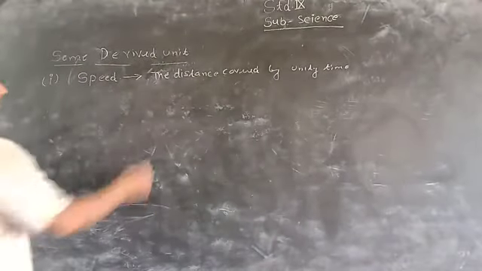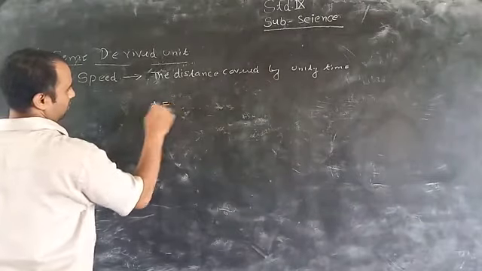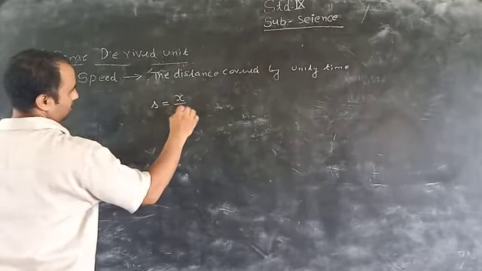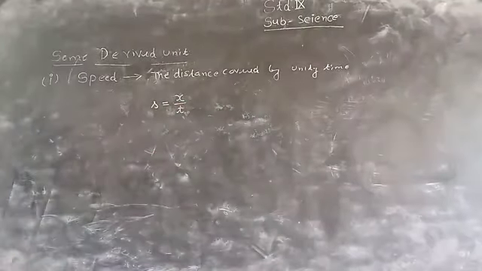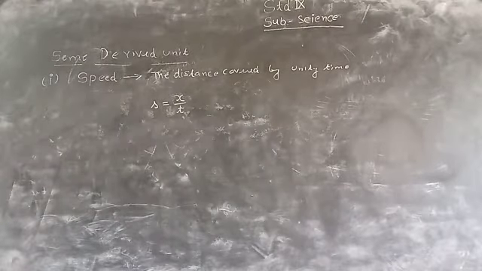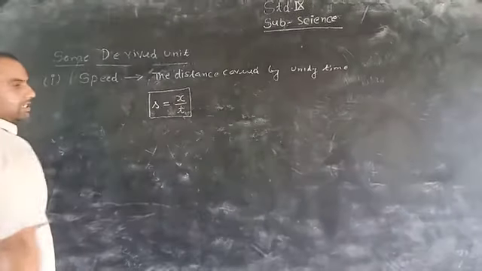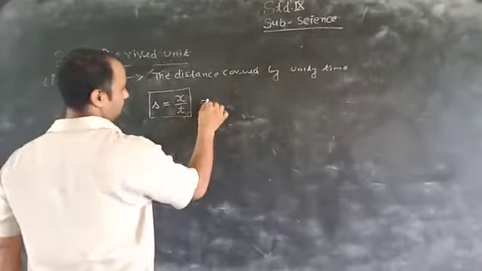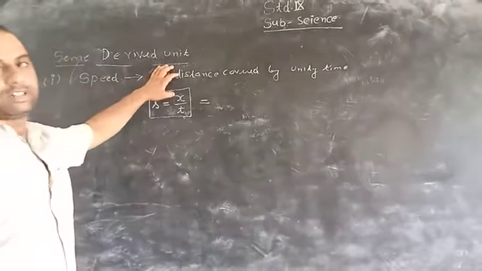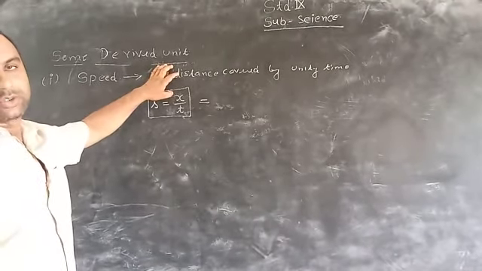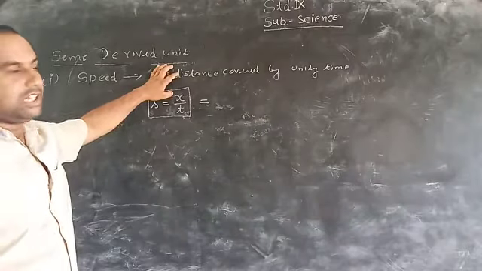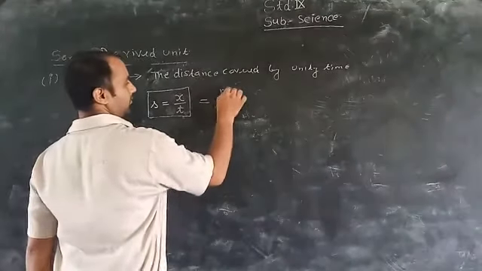It means speed is equal to distance upon time, that is, distance divided by time. That is the basic formula. And how is the distance measured? In which unit is the distance measured? That is meter.